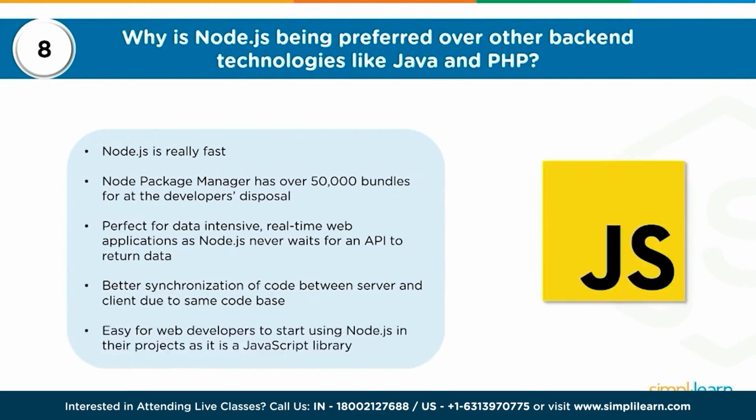And then finally, because Node.js is JavaScript, if you are making the pivot from being a front-end web developer to Node.js, it's going to make it a lot easier for you to pick up Node.js because you have that common language of JavaScript. And on top of that, JavaScript is the world's most popular scripting language.